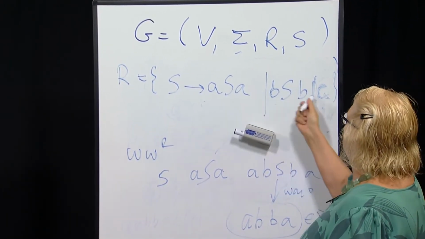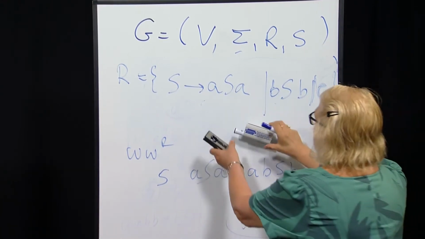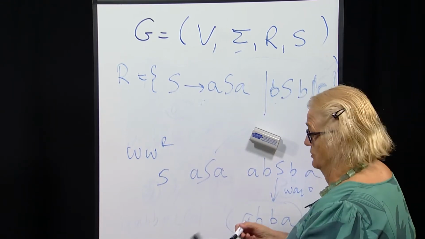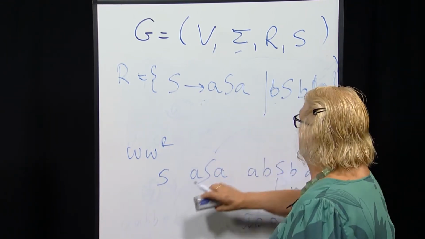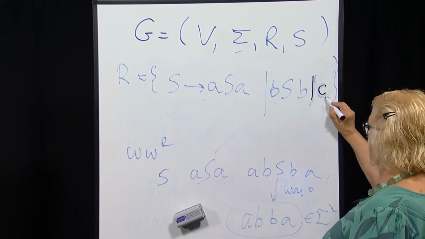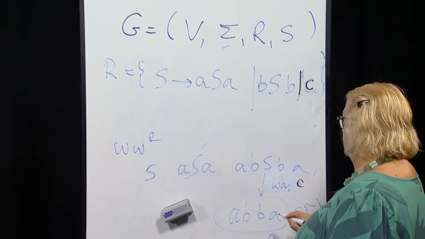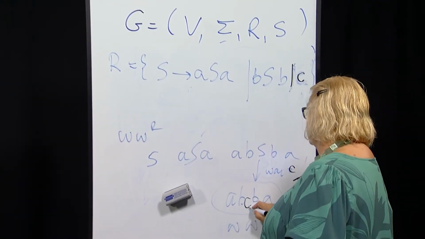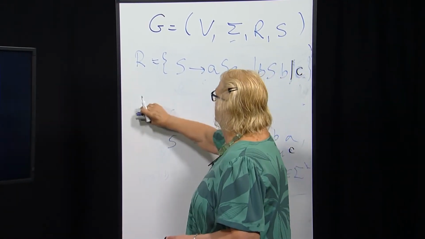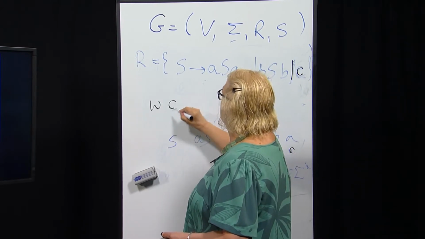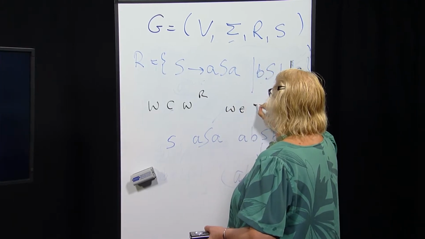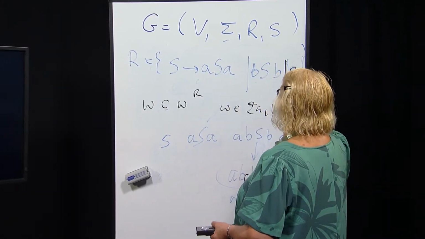So sigma is A, B, and C. Now what's happening when you have this third rule, the way out is by putting C. So now you have a C in the middle. So the language would be W C W reverse, where W is in A, B star.